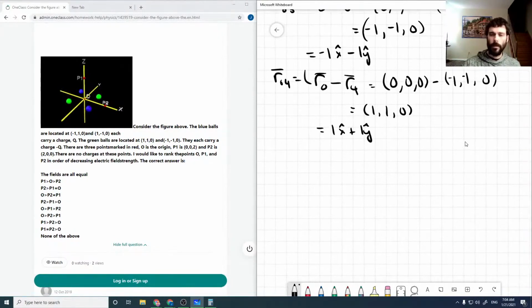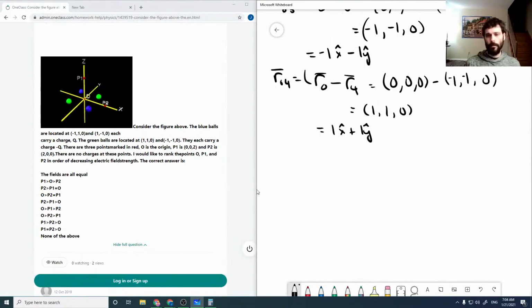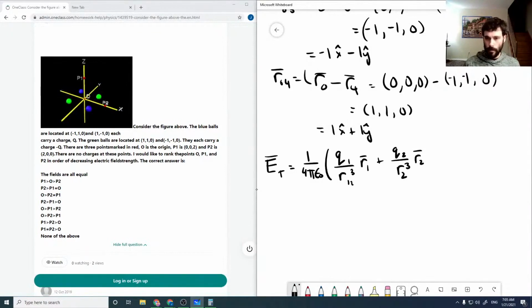Okay, so now our E field total is, we can take out the 1 over 4 pi epsilon naught, Q1 over R1 cubed, R1 vector plus Q2 over R2 cubed, R2 vector.